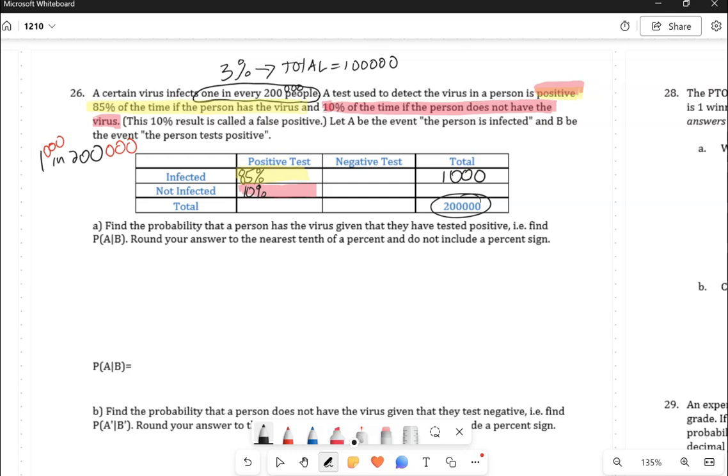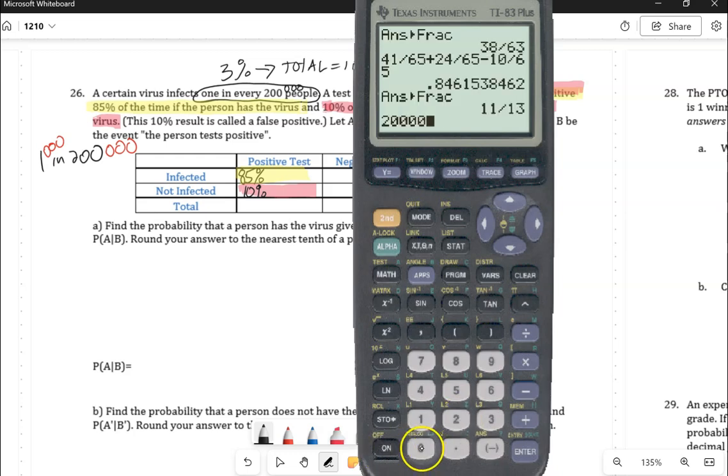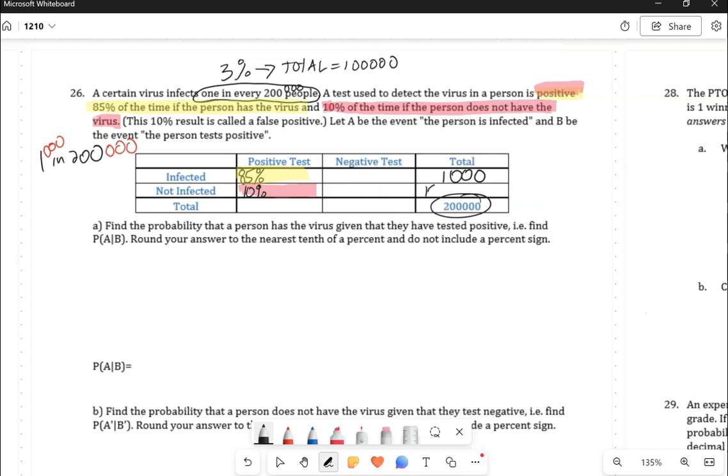That's 1 out of every 200. The rest of them are not infected: 199,000.